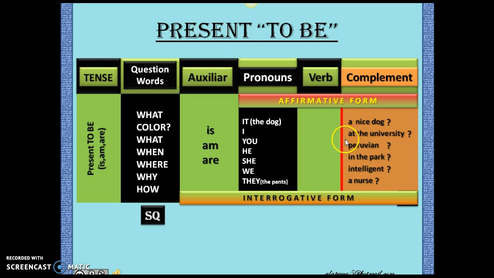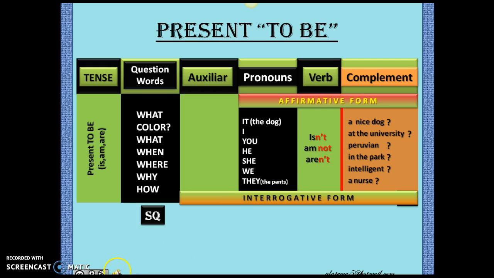Now, in this position, when you have this red line, we have to mention the negative form, for example, not, or with contraction. Okay? For example, you can say is not or isn't, am not, or are not or aren't. But let me tell you something. When you are using the form of the verb to be am, you cannot make a contraction.